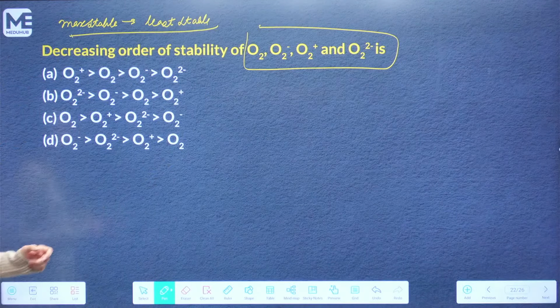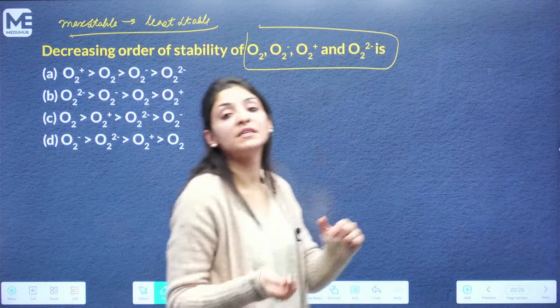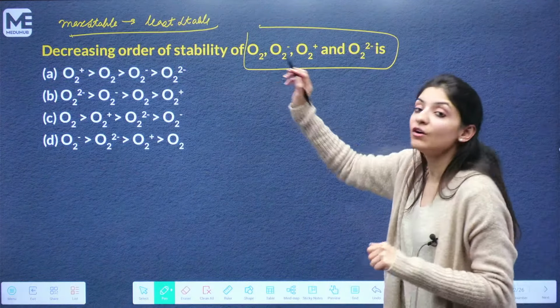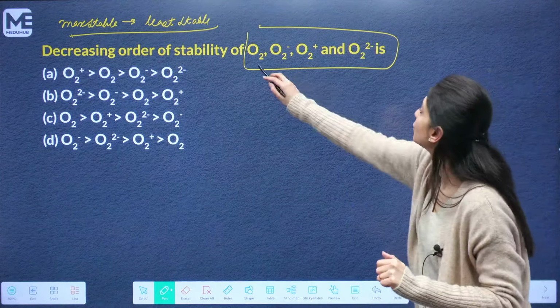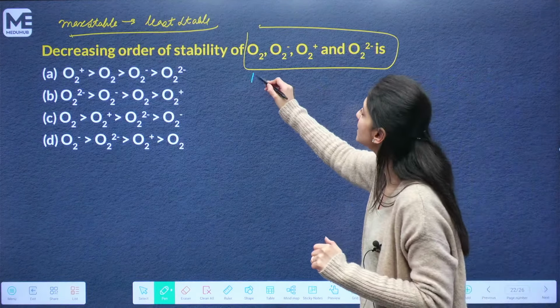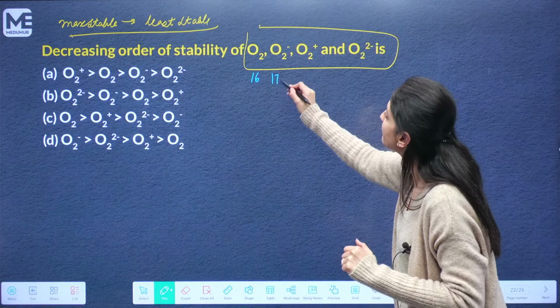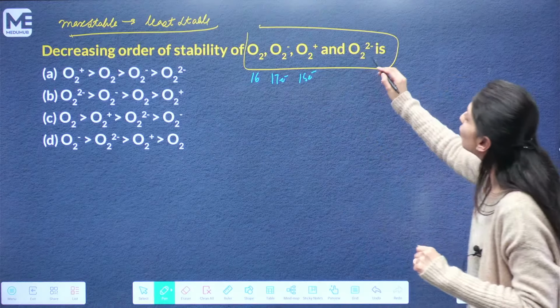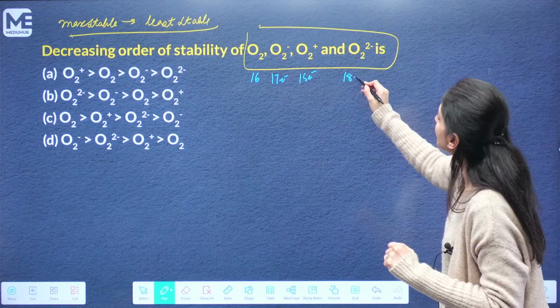So how will you go about solving this question? Just like we determined the paramagnetic nature of O2, you will write the molecular orbital electronic configuration of all these species. O2 has 16 electrons, O2 minus has 17 electrons, O2 plus will have 15 electrons, and O2 2 minus will have 18 electrons.